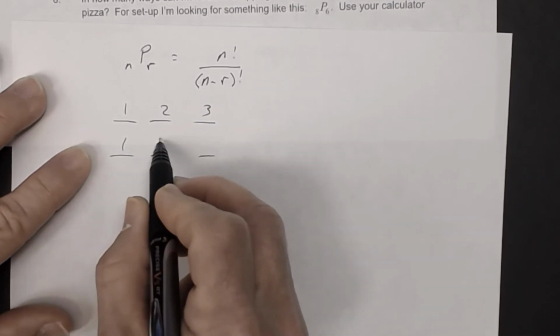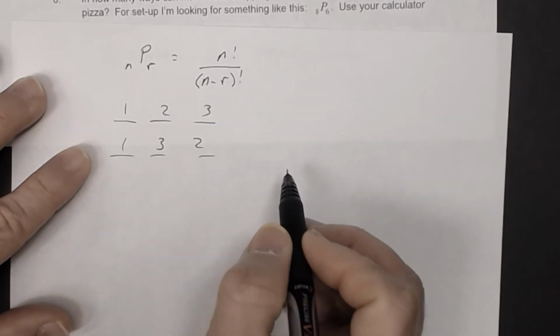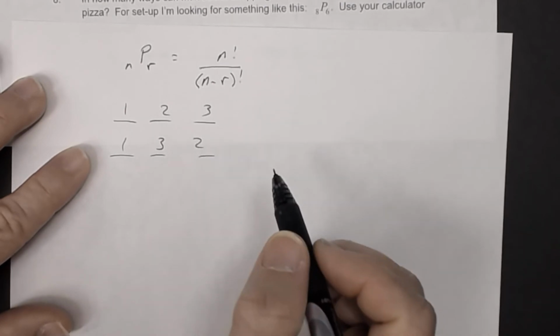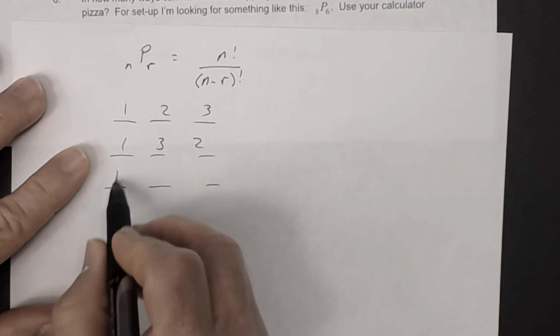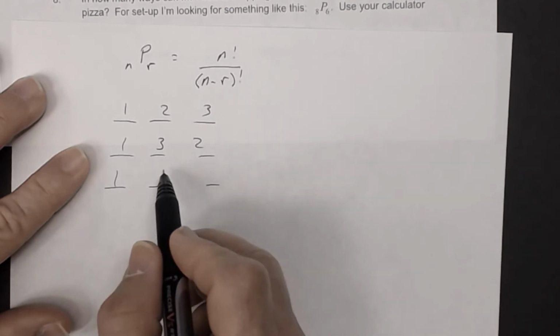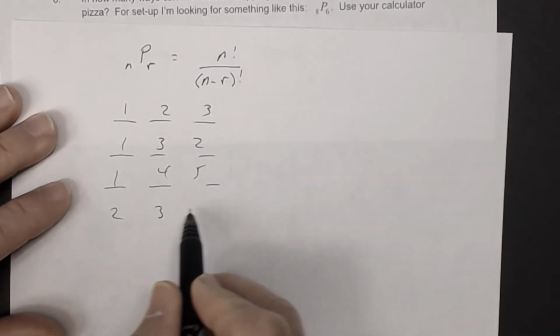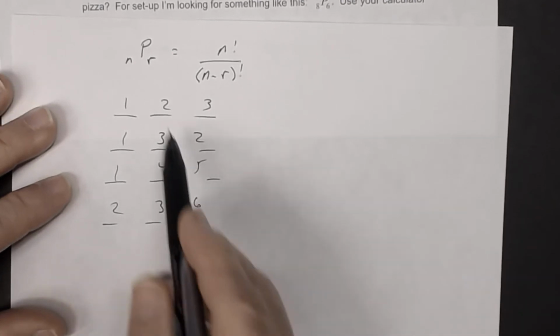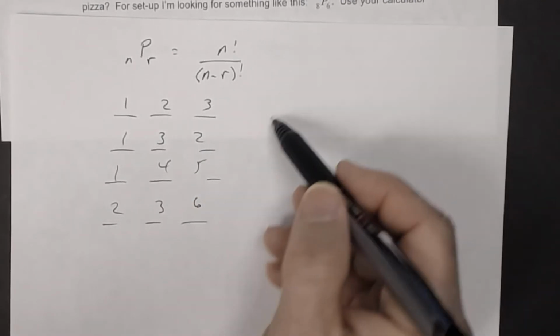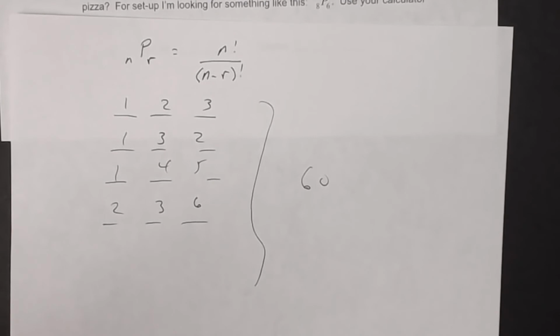That could be a 1, that could be a 3, that could be a 2, right? So that's what that means. And then 1, the next one could be 4, 5, and so on. You can have a 2, 3, 6. So altogether, if you did all that, that would be 60 of these.